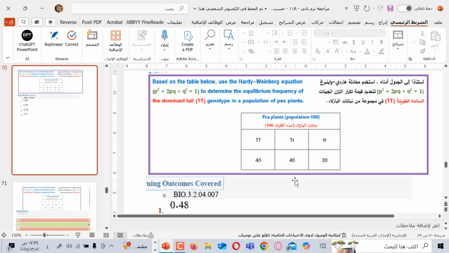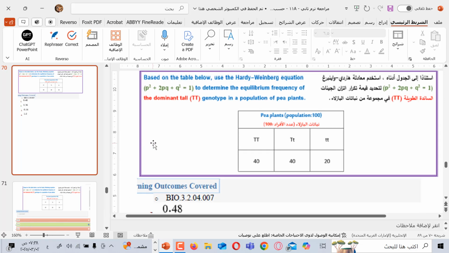Here, an equation. He tells us, based on the table below, use the Hardy-Weinberg equation, and he gave me the equation, excellent, to determine the equilibrium frequency of the dominant whole T capital.